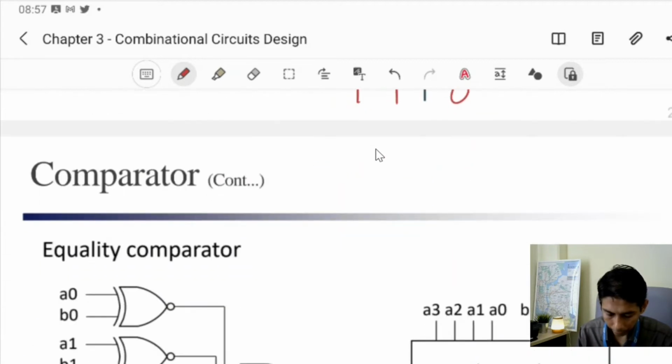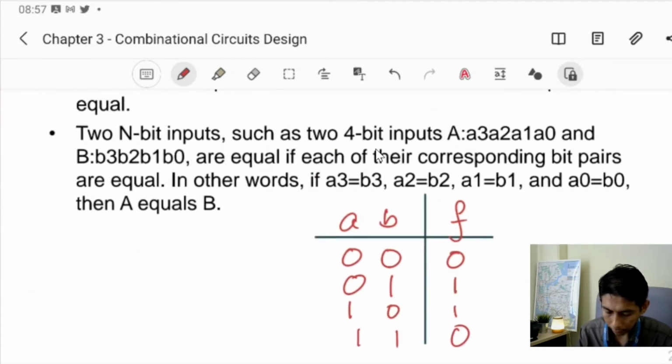Or in this case, we use XNOR, where the output of the XNOR gate is 1, 0, 0, 1.